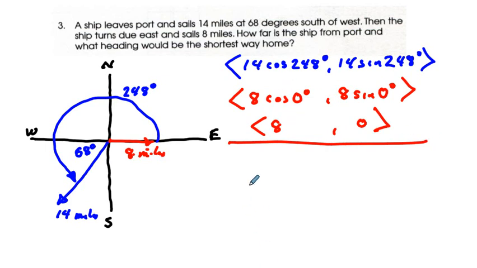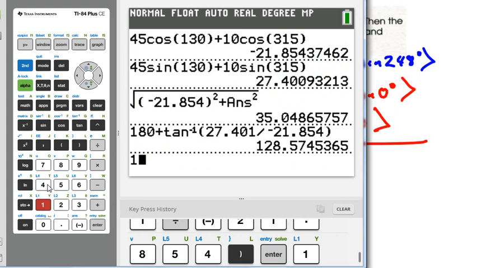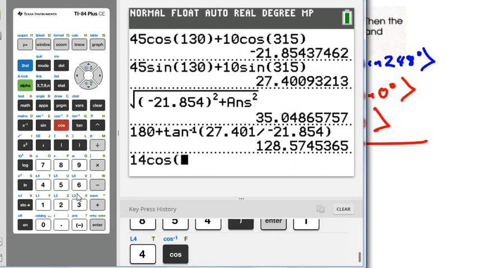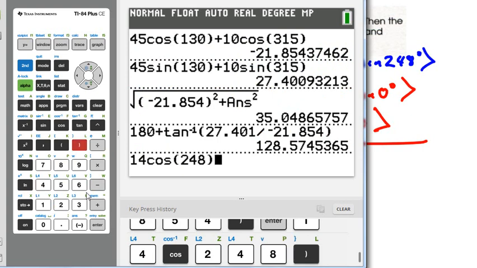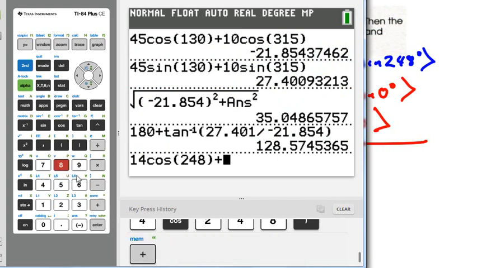So we have 14 cosine 248 degrees plus 8.